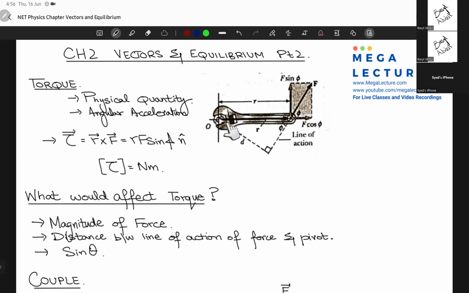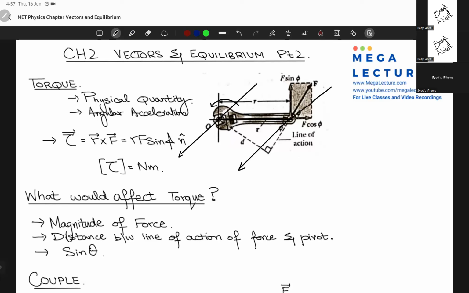The distance from the center of the bolt to the point where you're applying the force, this would be the axis of rotation of the bolt, and this would be the axis of rotation for the wrench, because this is the axis about which the bolt is going to perform the angular acceleration, or rotate.